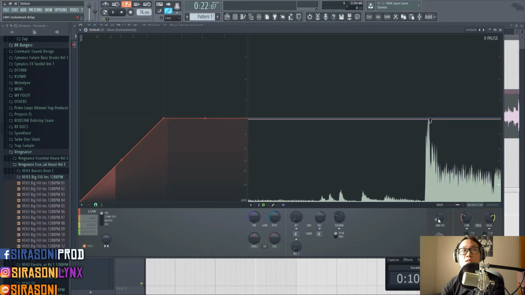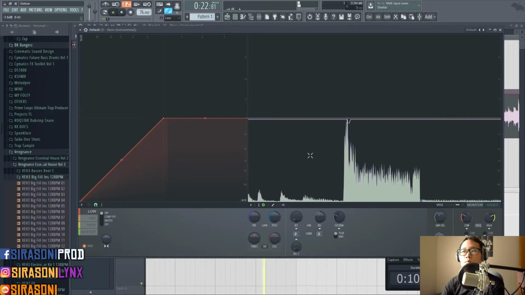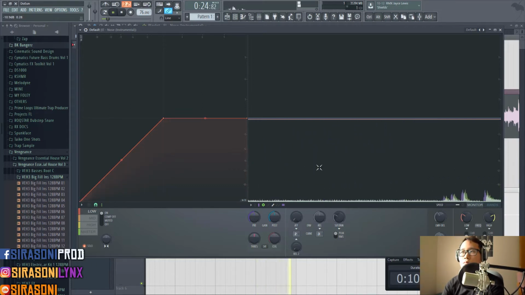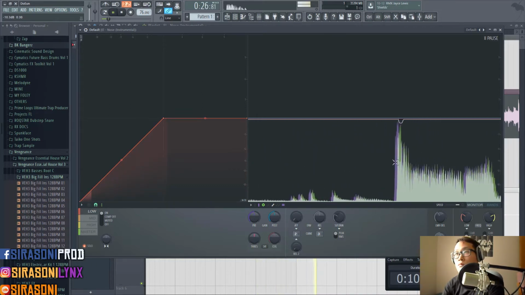You know what I'm saying? So the more look ahead delay you have, the compressor itself, here in this example Maximus, could analyze the waveform better and get on exactly the transient. All right, it got on better this time.